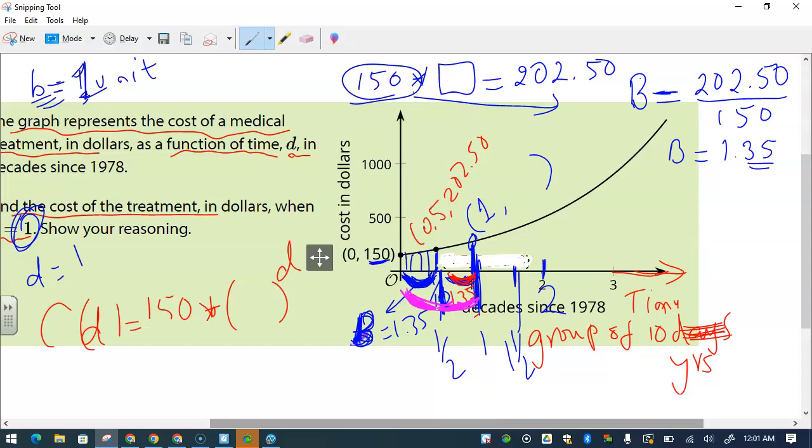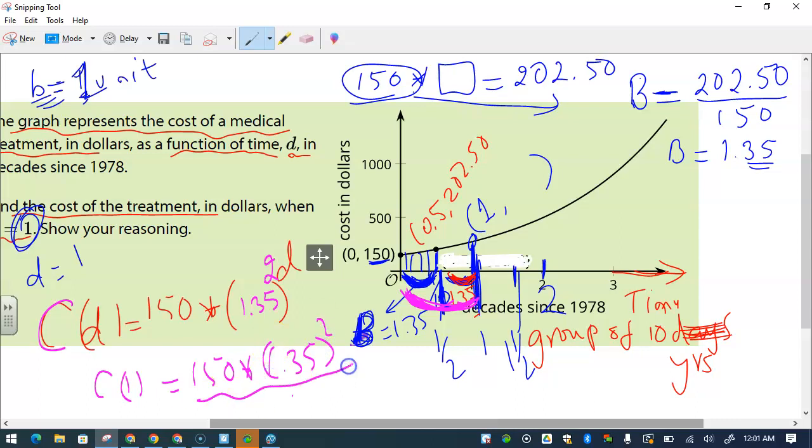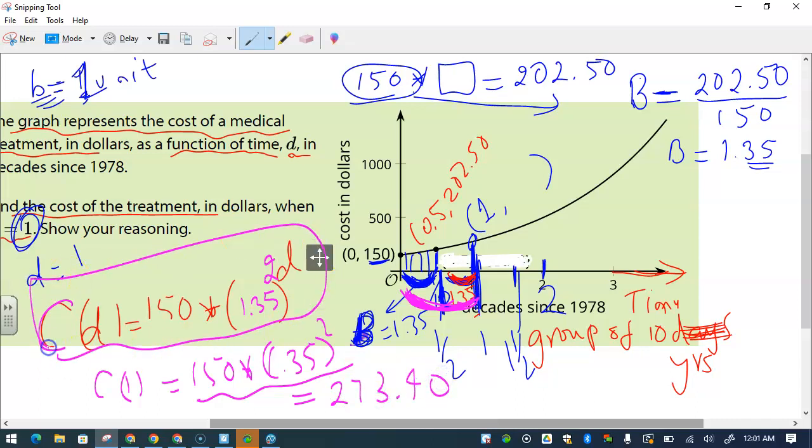So this means 1.35 squared, meaning you put 2D here. So if D is 1, it's 150 times 1.35 raised to 2, and you work this out and you get 273.40. So this is one way of doing it in terms of decades.